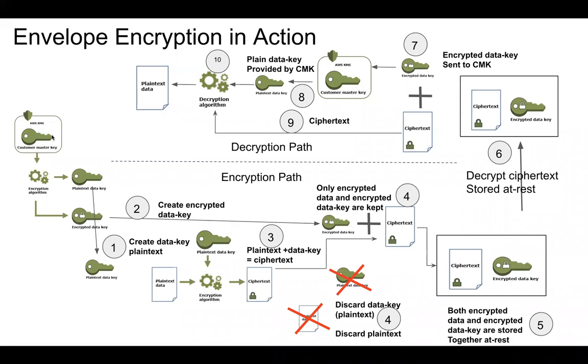So the way you do it is use the KMS service, go create a master key. It could be anything, CMK, customer managed customer master key, or AWS managed, or whatever. So in this case, let's assume that it's a customer managed customer master key.